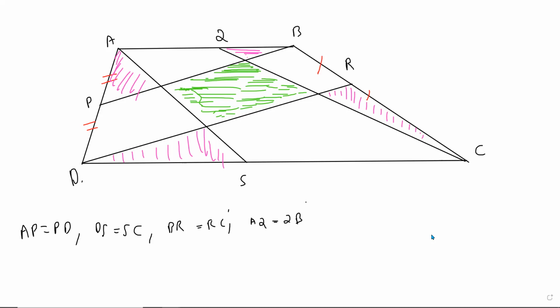So is the question clear? You have to show that the area of the pink region is equal to the area of the green region.